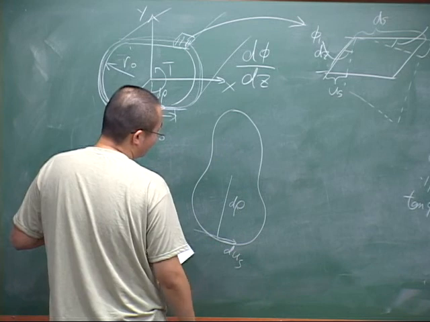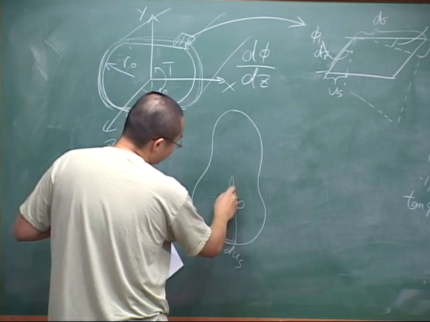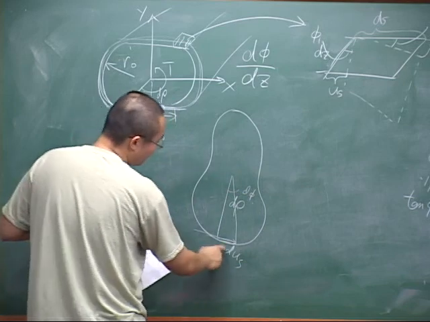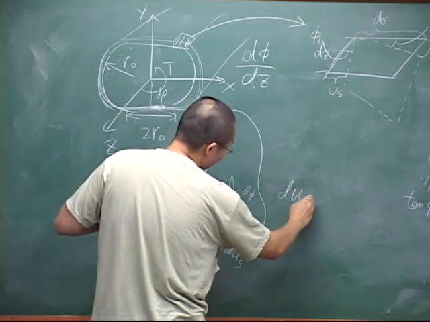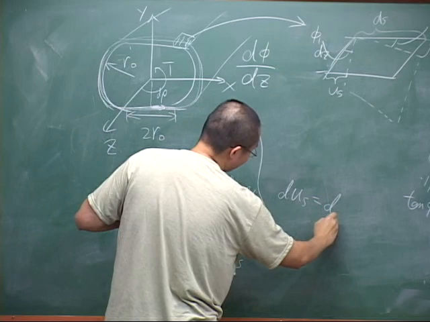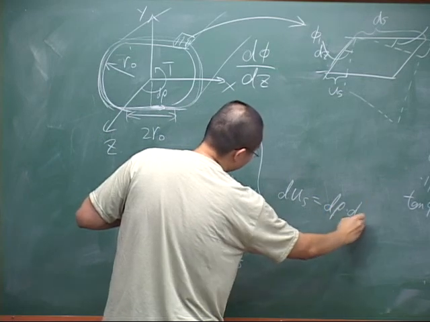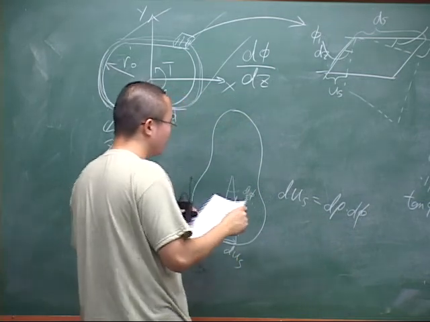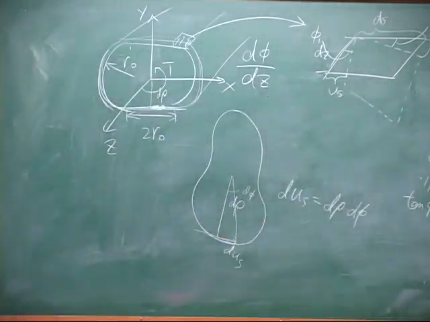And d phi. To find du_s, it is rho times d phi.